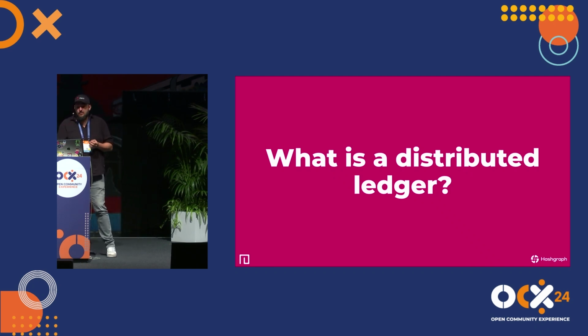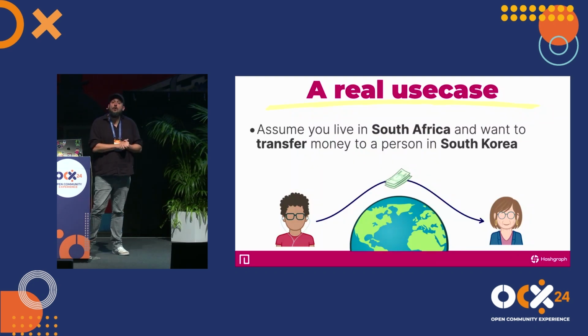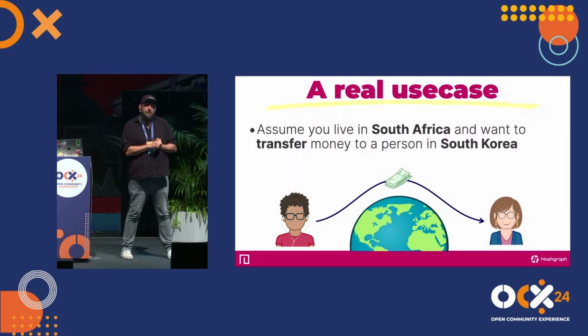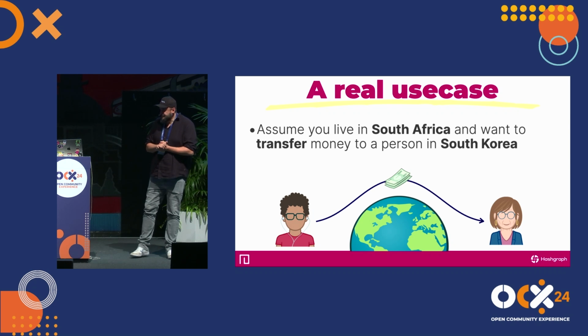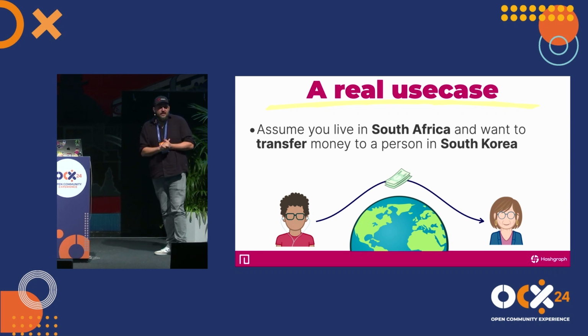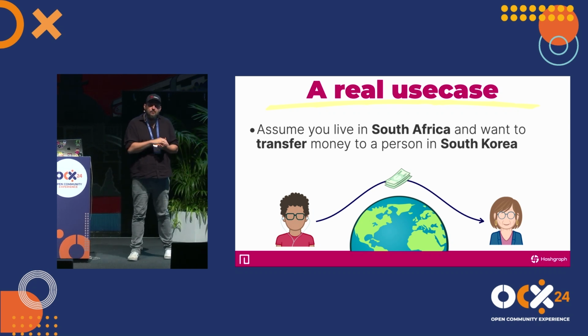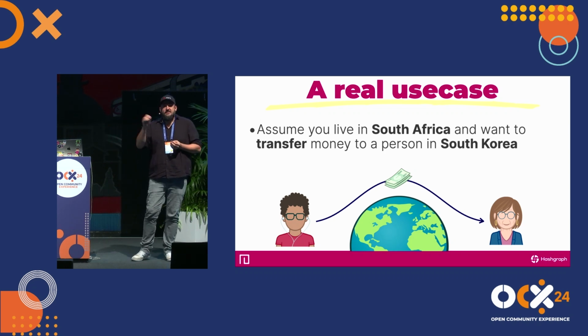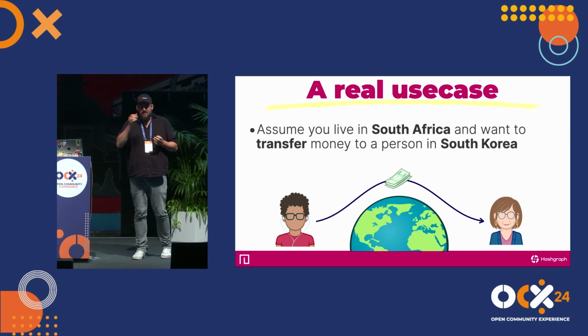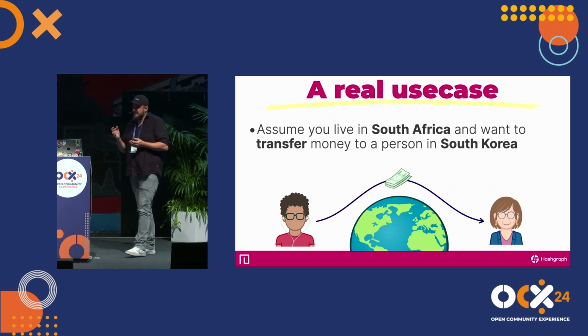And so I would like to start with a real world use case and a real world sample. Let's assume you live in South Africa and you want to transfer money to a person that is living in South Korea. Maybe it's your mother or something like that.